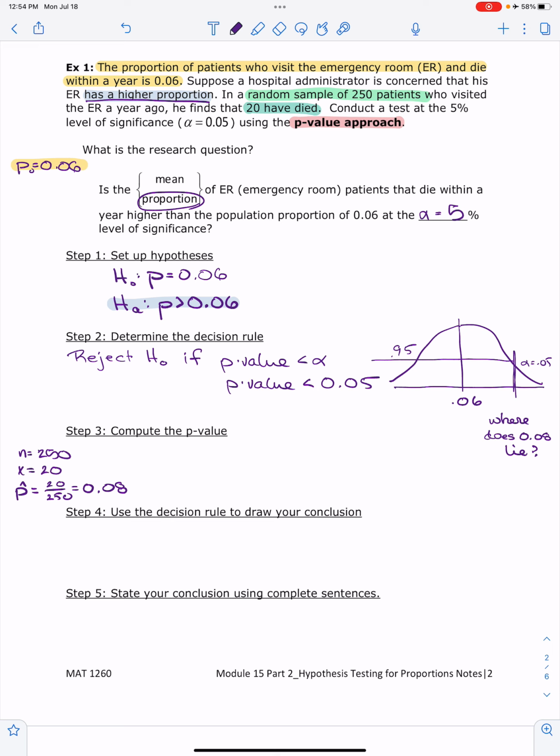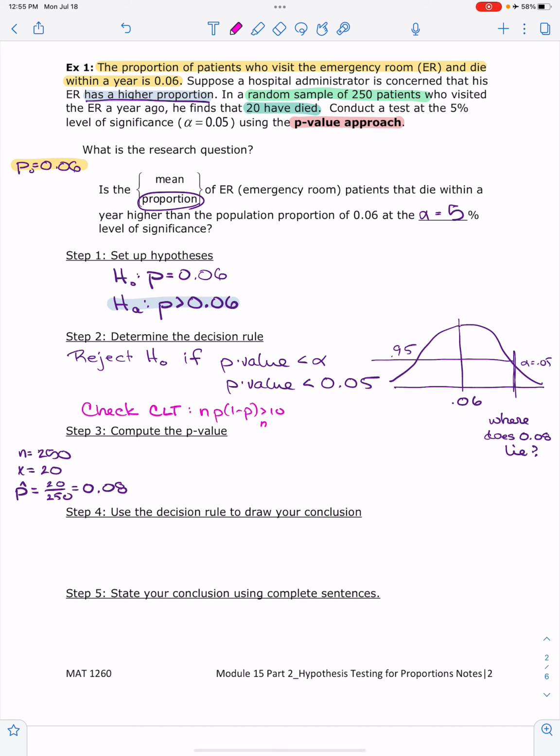Okay, before I move on, we do want to check for normality. So we'll put this in hot pink: check our central limit theorem. This is our check for normality. N times P times 1 minus P has to be greater than 10.